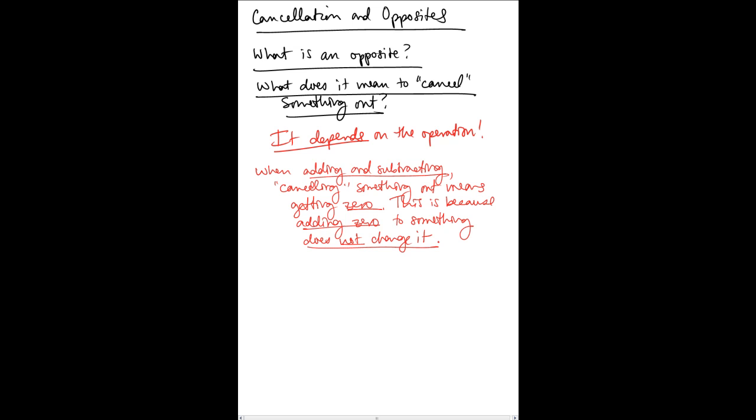So in a sense, if all we have left that we're adding to something is 0, we sort of have nothing else. This is different, though, when we're multiplying and dividing.